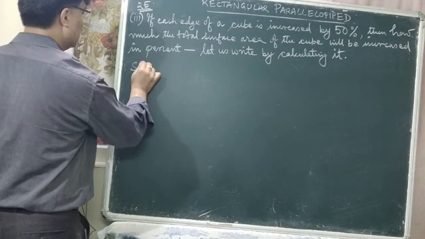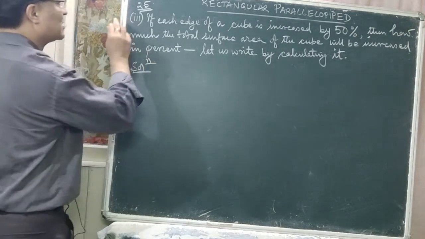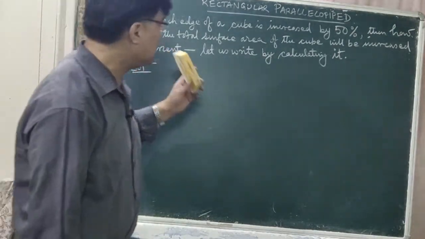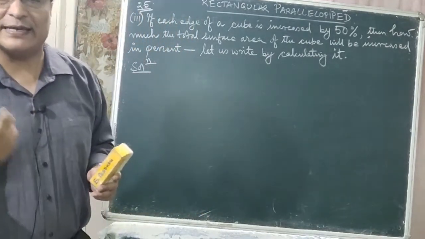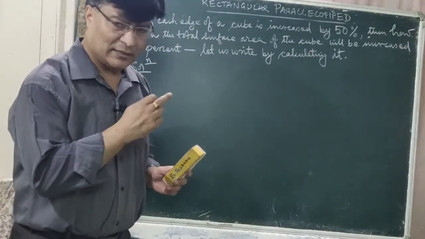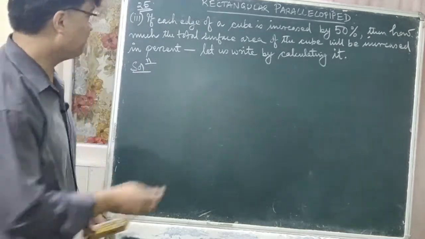So solution. In this case, it is given that each edge of a cube is increased by 50%. Okay.